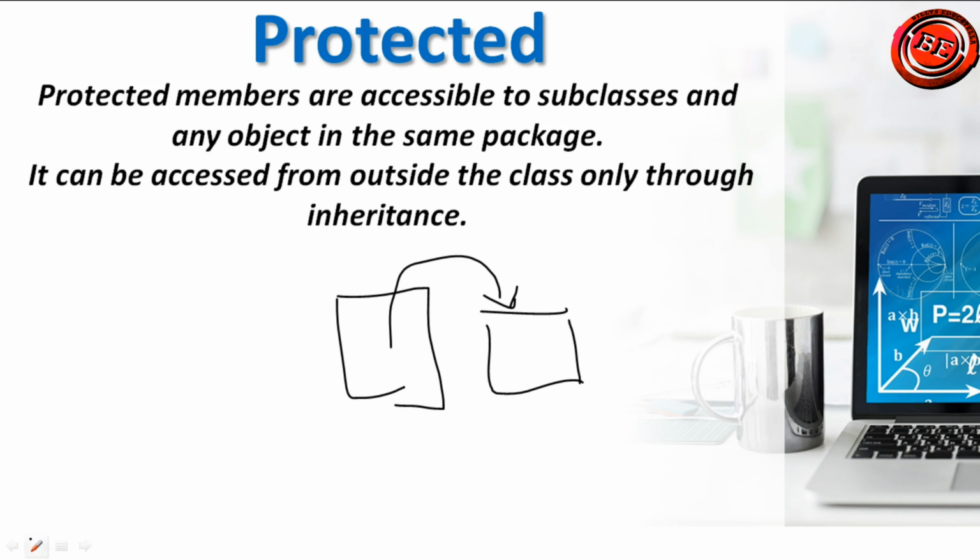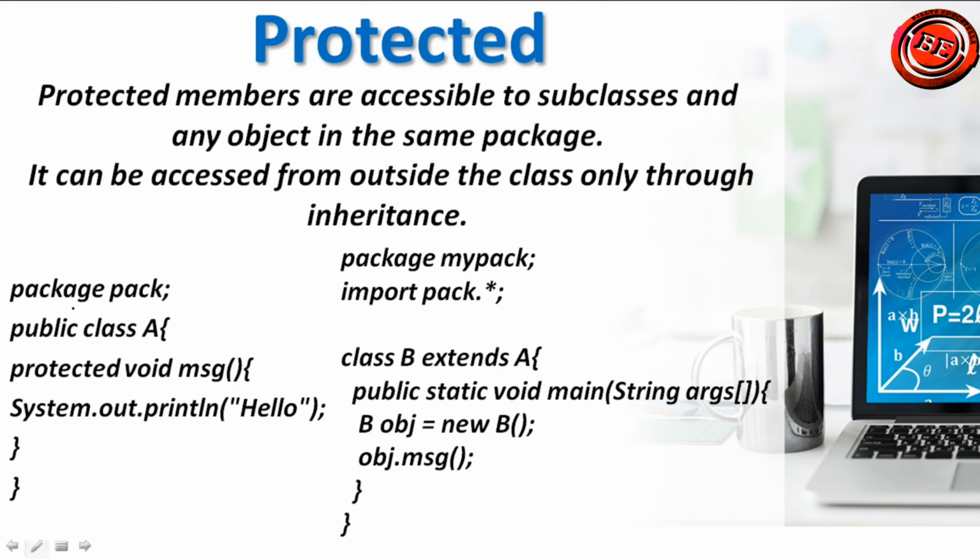So here I have an example. In this package I take the modifier of this method as protected. This content is accessed in the other package by inheritance. Here class B extends class A, so the contents present in class A are imported into this class.